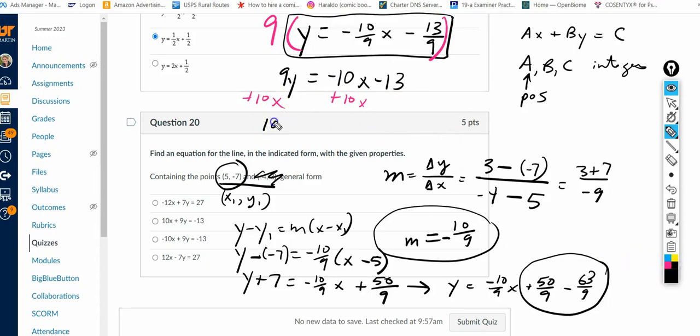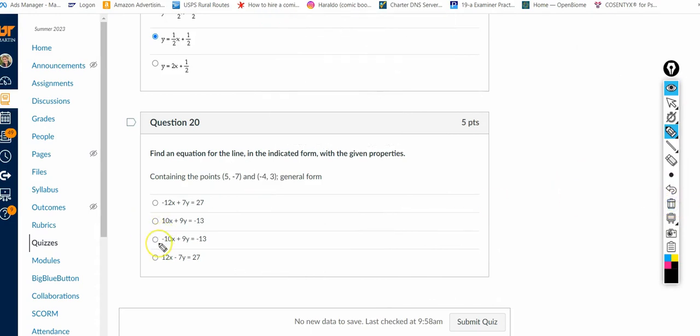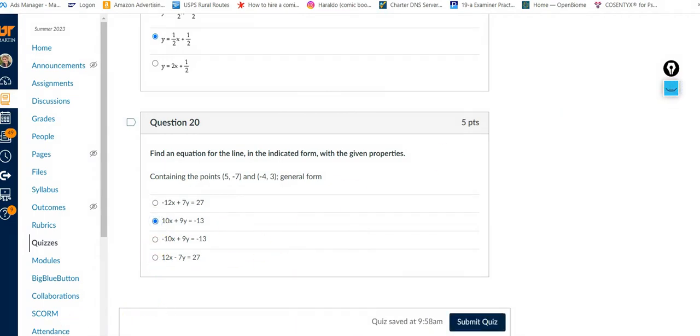And I'm going to have 10x plus 9y is equal to negative 13. And that's in the form I need. These numbers are integers, they're whole numbers, and the leading term is positive. So that's what I'm looking for. And that matches that one there. So I'm going to select here, that's going to give me that one there.